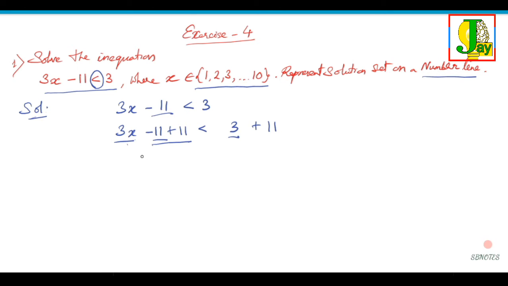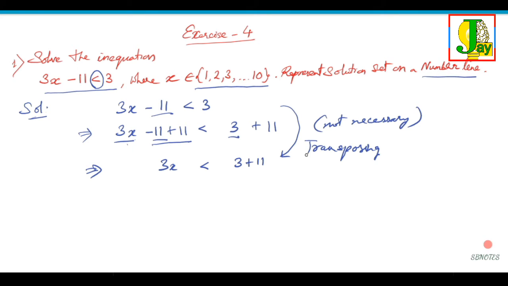और ट्रांसपोजिंग भी वही चीज है, एक्चुअली ये 0 हो जाएगा, तो 3x लेस देन 3 प्लस 11, एक्चुअली देखा जाए तो हमने ट्रांसपोज ही किया है, माइनस 11 को हम राइट हैंड साइड में लेकर के आए हैं. सो माइनस 11 साइन क्या हो गया, चेंज हो गया, प्लस साइन. सो अगर हम लोग ये स्टेप नहीं लिखते हैं, नॉट नेसेसरी, because you can go directly to this step, transposing.